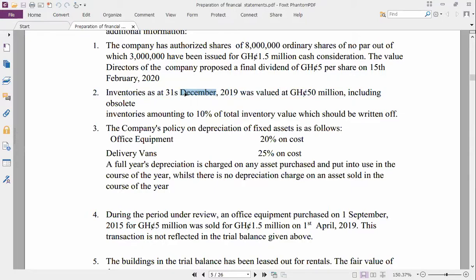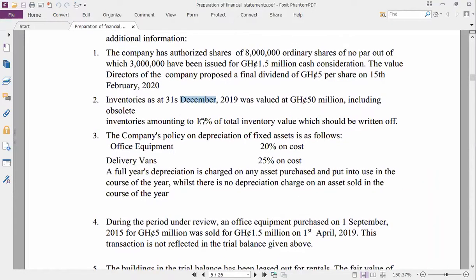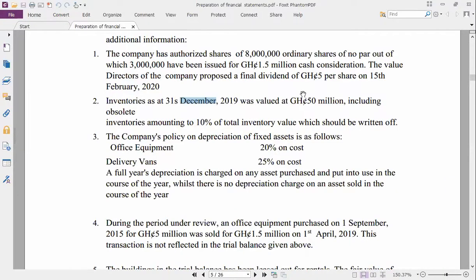Inventory as at 31st December 2019 was valued at 50 million, including obsolete inventory, amounting to 10% of the total inventory value, which should be written off. Wow, this examiner is good though. He even informs us what we should do. He said it must be written off. We could have ended here, which amounts to 10% of the total value. Full stop.